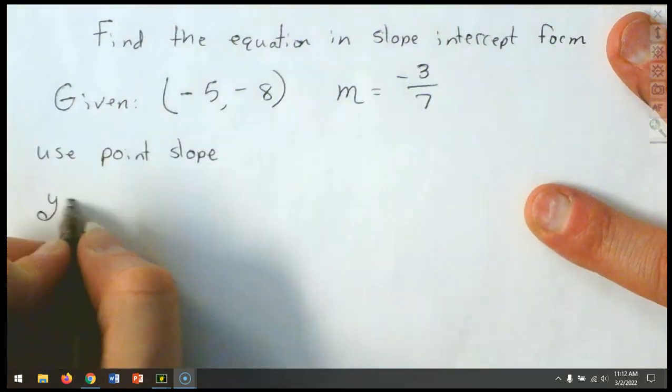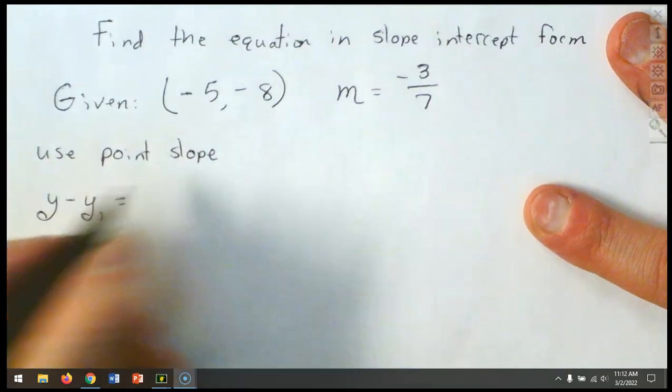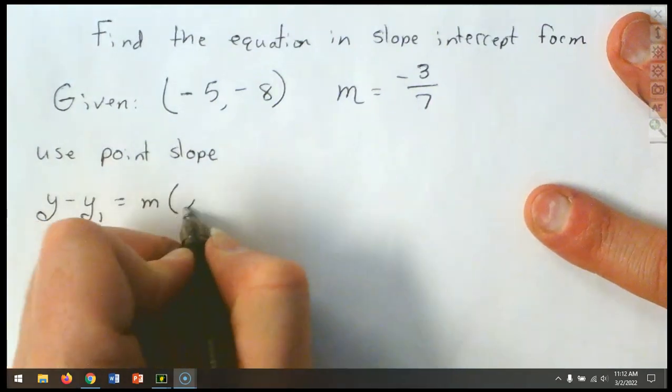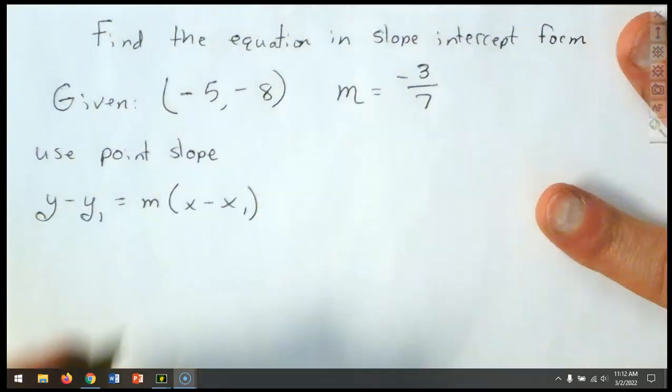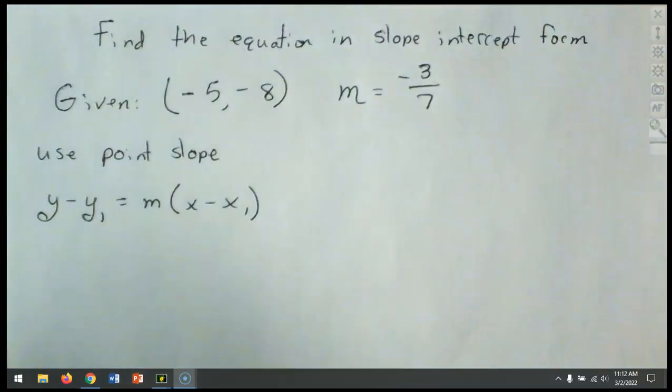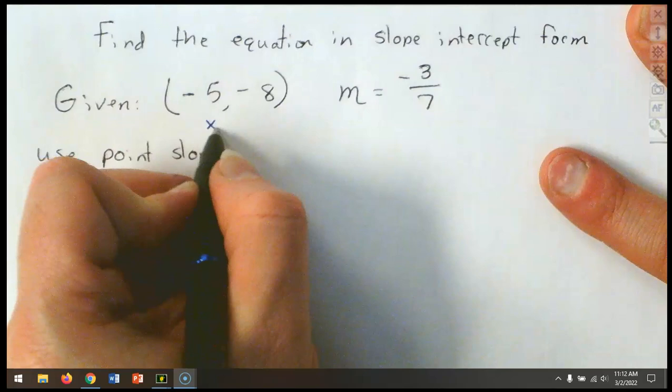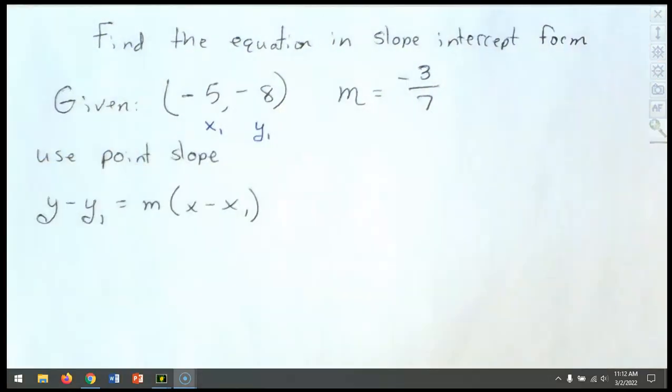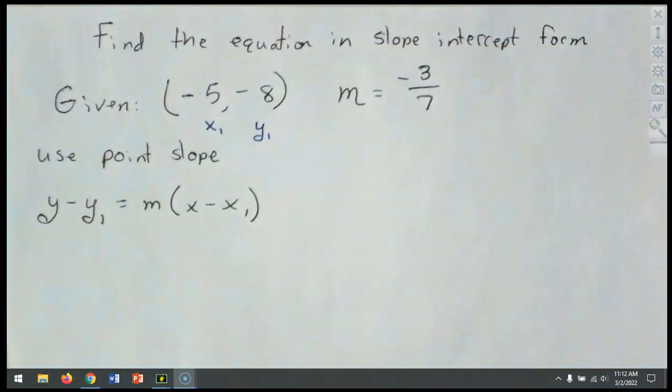Which is y minus y1 equals m times x minus x1. And label your ordered pair, x1 and y1. And I picked this one with a lot of negatives just because we have to be super careful about the double negatives, because that is where students make the mistakes. Is they don't cancel out those double negatives.